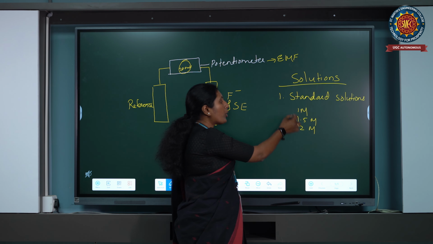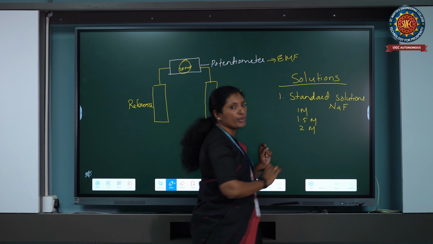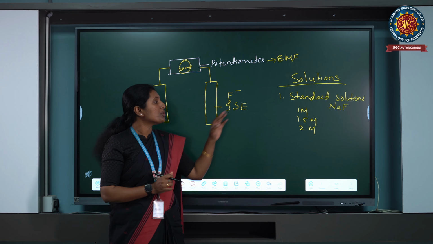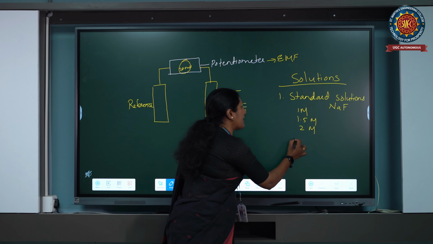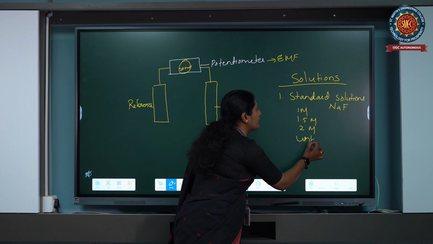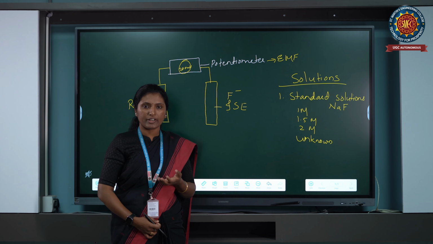In order to prepare this, which compound are we taking? Sodium fluoride. NaF we are using to prepare different standard solutions of fluorine. And the next one is unknown. What is unknown? Unknown means your boiled water. You are analyzing your boiled water only.